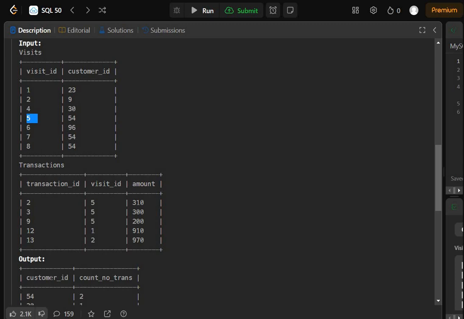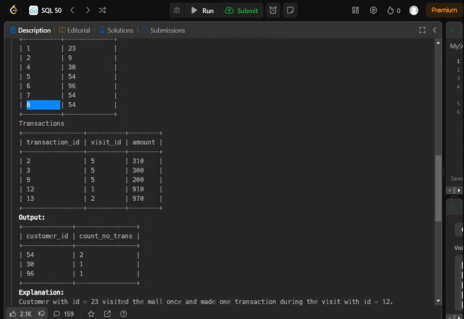Sorry, these are the visit IDs. Now customer ID 96 visited and has visit ID 6. Customer ID 54 visited the store again and has visit ID 7. And customer ID 54 again visited the store and has visit ID 8.